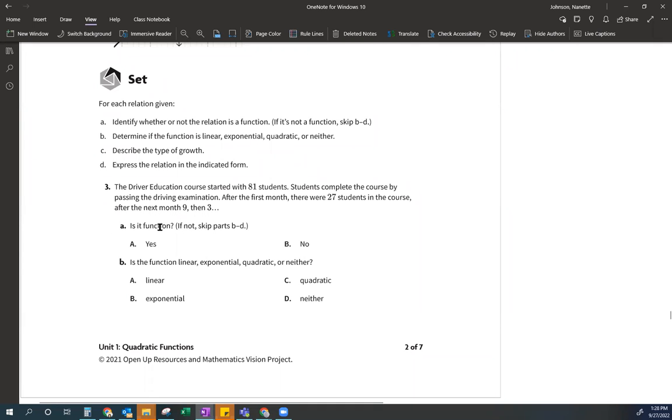So the first part says, is it a function, right? If you remember what a function is, let's go over that really quick. A function is, remember we talked about this, every input has only one output, and we talked about this idea of the birthday function.